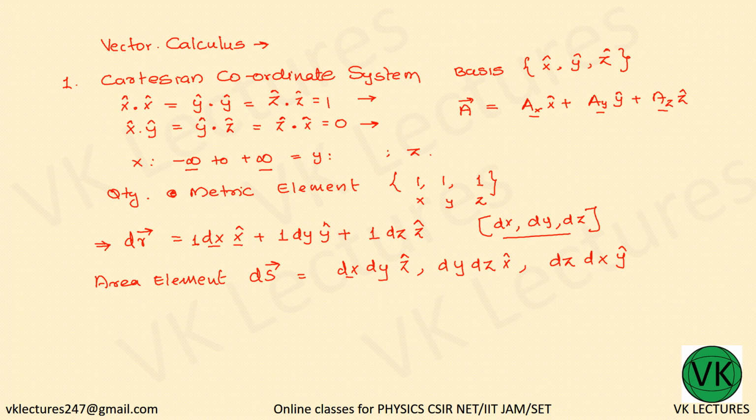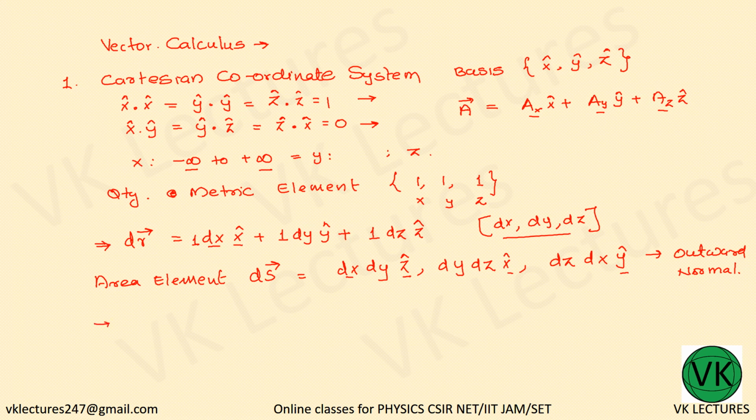So these are the small area elements in the Cartesian coordinate system, and the directions z cap, x cap and y cap will always be outward, and obviously normal.